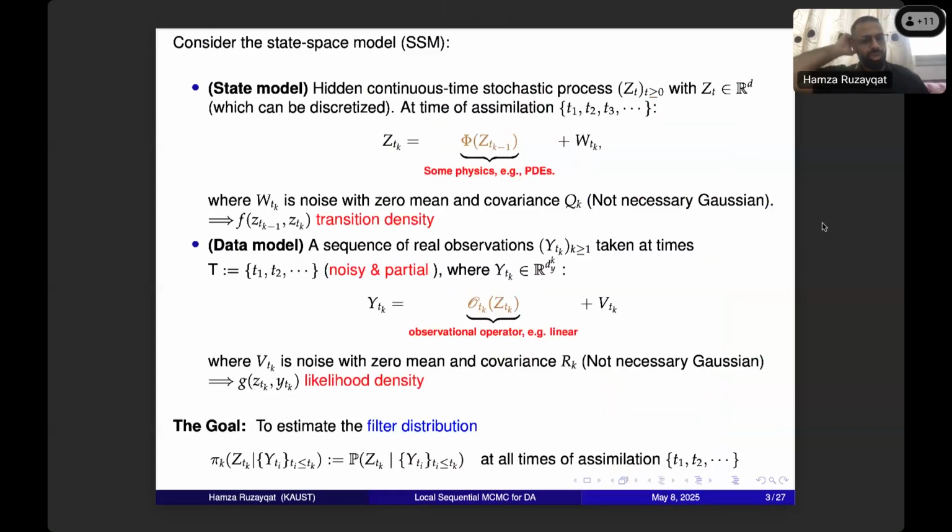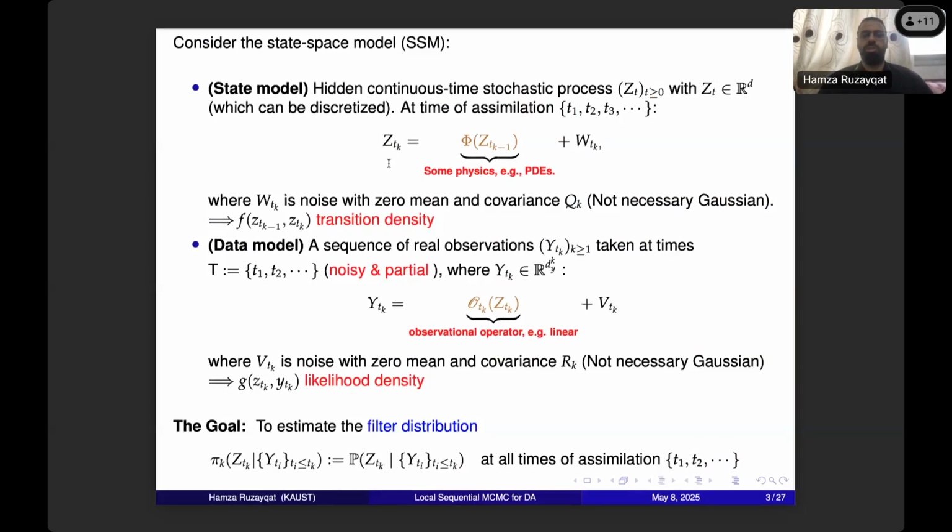So let me start with the regular state space model. I have a hidden continuous time stochastic process Z_t in R^d, but we are interested in the values of these hidden states only at the times of assimilation, t_1, t_2, up to some known time.